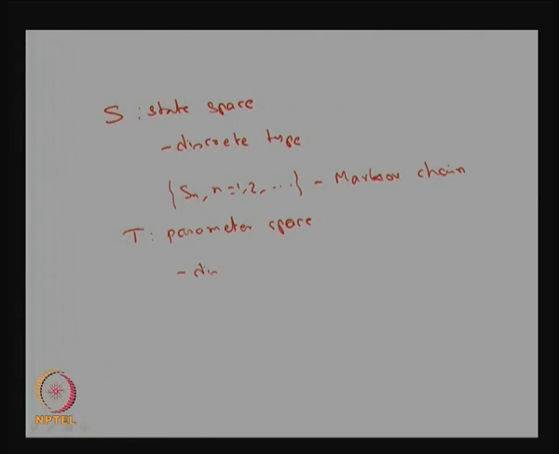Whenever T is of discrete type, then the Markov chain is called a discrete time Markov chain. Whenever the parameter space is of continuous type, that means the possible values of capital T are uncountably many, then we say continuous time Markov chain.